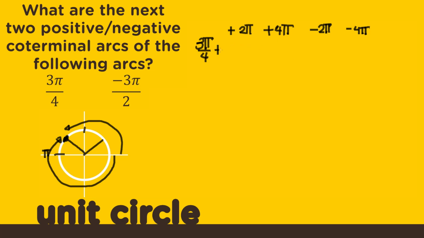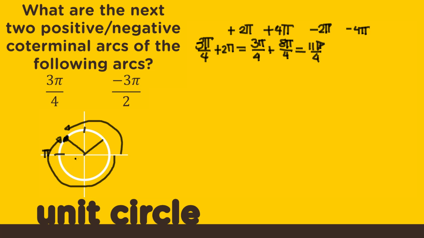Let's start here. If we're going to add 2 pi, the denominator is 4. Okay, so we have a denominator of 4 here. That's 3 pi. So our 2 pi with a denominator of 4 would be 8 pi, right? 8 pi plus 3 pi, you will have 11 pi over 4.